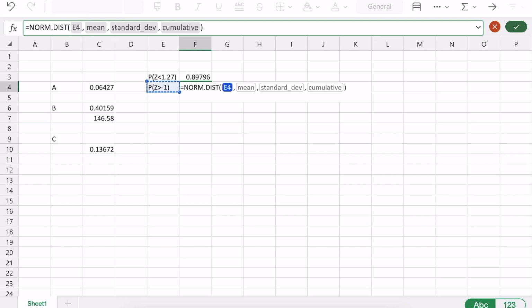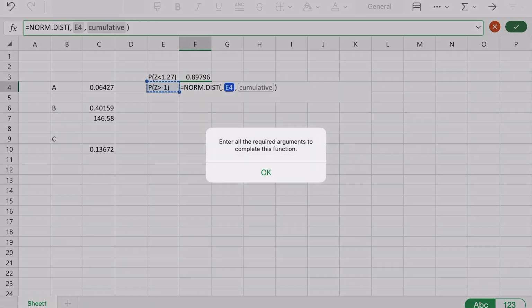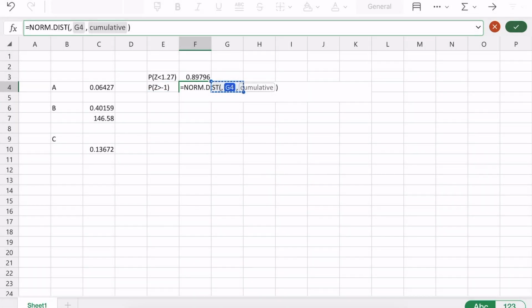So what I'm going to do is take 1 minus what I get here.